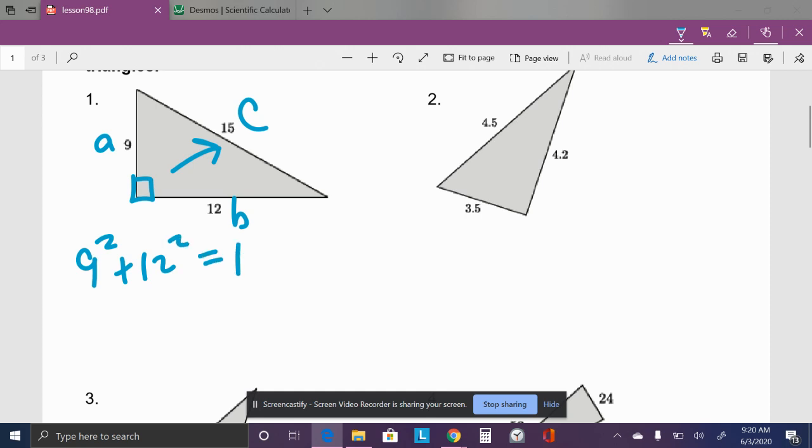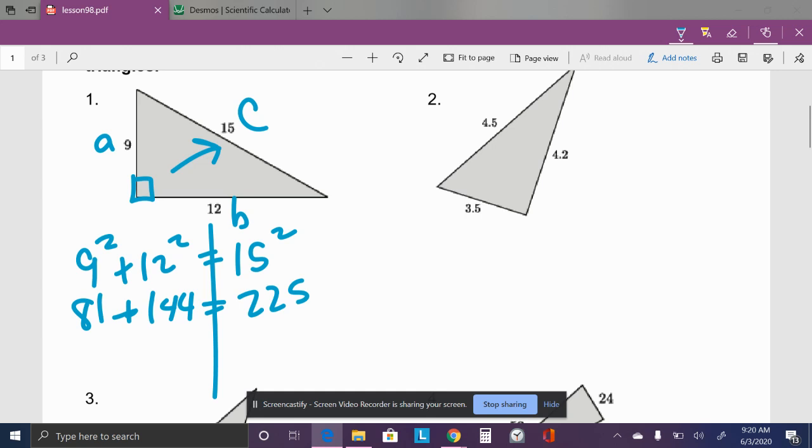equals 15 squared. Now, if you know your perfect squares off the top of your head, awesome, great. You can just do that, or you could use a calculator. All right, 9 squared is 81. 12 squared is 144. 15 squared is 225. 81 plus 144 is 225.